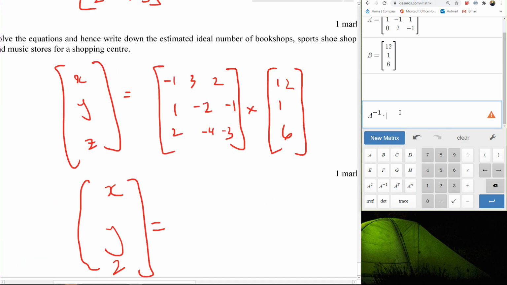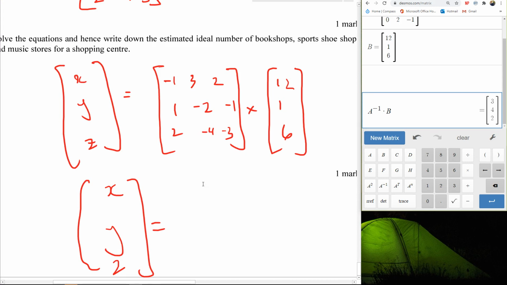Multiplied by matrix B, that gives us the answers 3, 4, and 2. That means we need 3 bookshops, 4 sports shoe shops, and 2 music shops. Hope that all made sense to you guys.